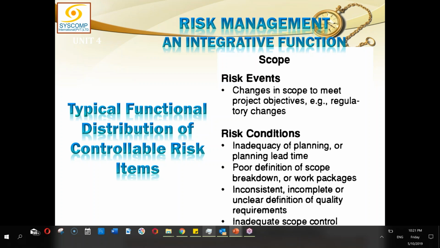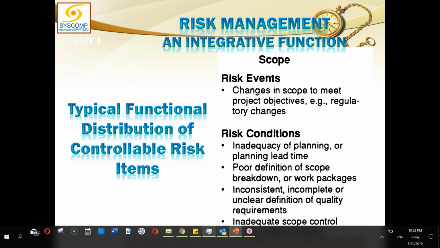This again could be due to inadequacy of planning or planning lead time. You are not giving enough time to the planning, and proper scoping could not be done, or poor definition of scope or the work breakdown structure. Inconsistent or incomplete or unclear definition of quality requirements. Why I'm saying quality here is because the requirement gathering happens in scope, so quality requirements are also gathered in scope.